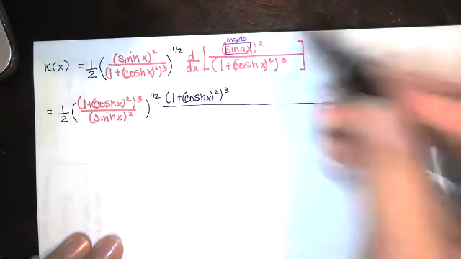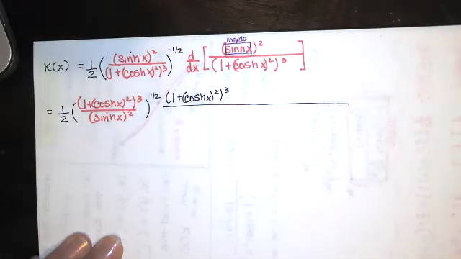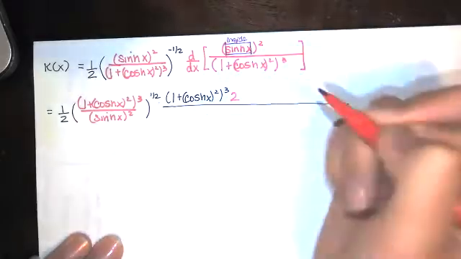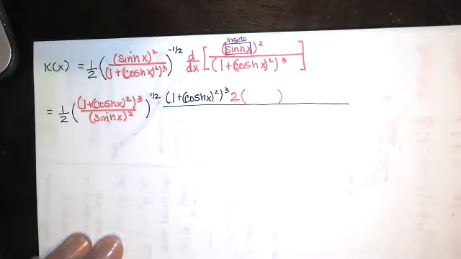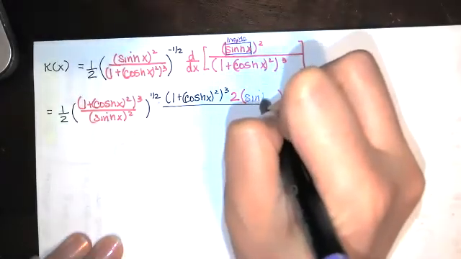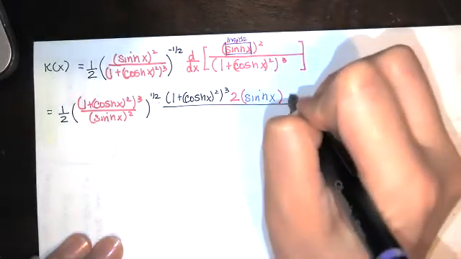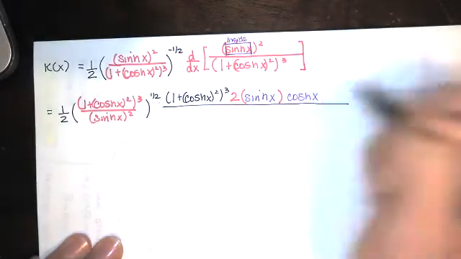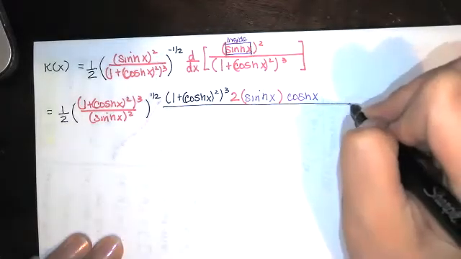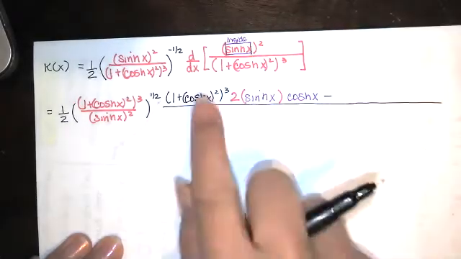So I've got a function squared. The derivative of a function squared is 2 times that function. Plug that function back in, and then you multiply by the derivative of the inside. The derivative of the hyperbolic sine function is the hyperbolic cosine function. So that's low d high.